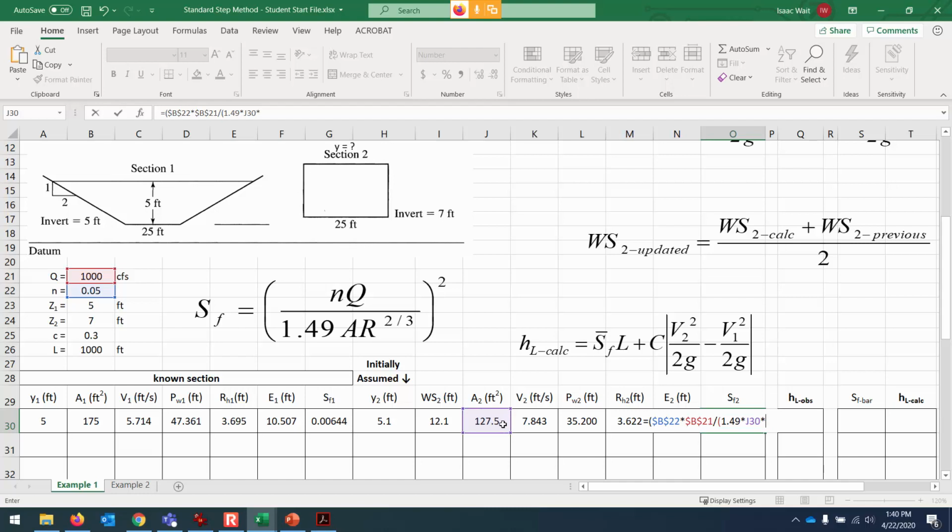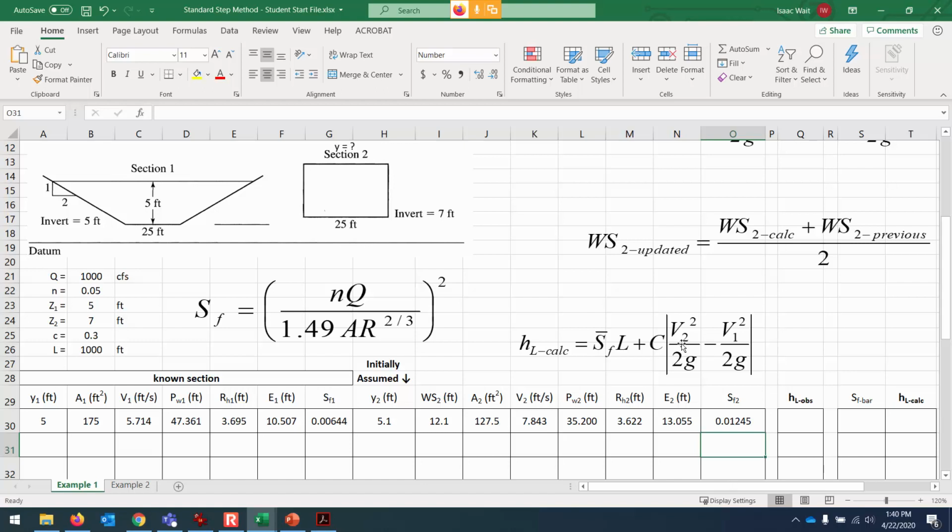I'll type that in because I can't click on the cell location since my formula is in the way. M30, and that's to the power of 2/3, 0.6667, and then close parentheses so that I can take everything to the power of 2. All right. So we get, for this location, the slope of the energy grade line is 0.01245.